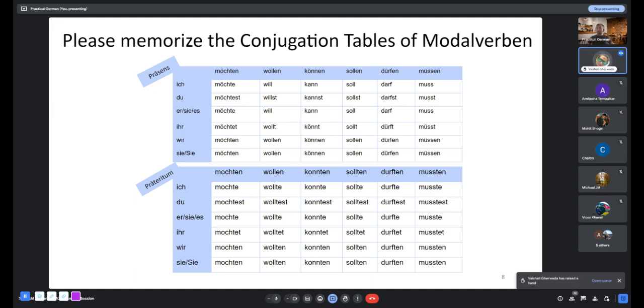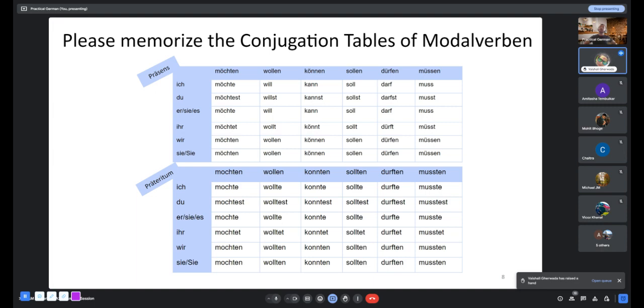Ich konnte, du konntest, sie es konnte, ihr konntet, wir konnten, sie konnten. Ich sollte, du solltest, sie es sollte, ihr solltet, wir sollten, sie sollten.